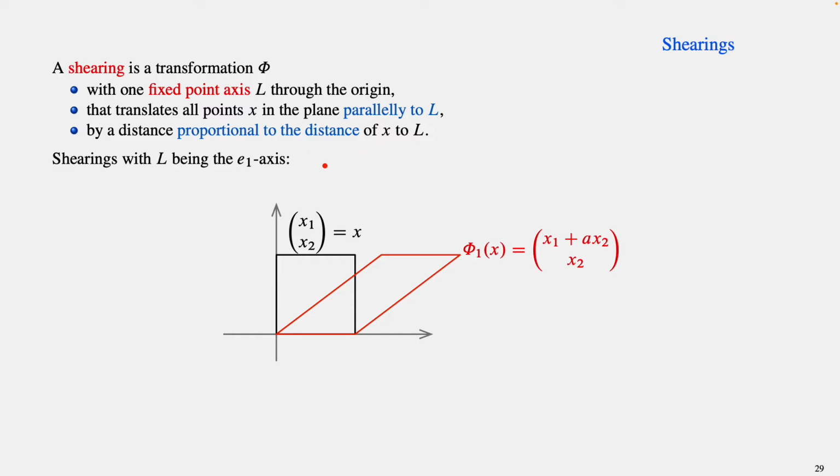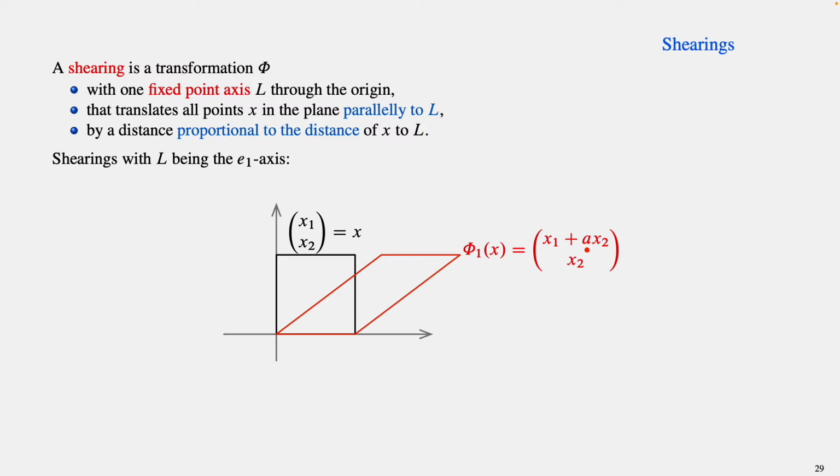Now let's look at an example. So if L is the E1 axis, so our first coordinate axis here, then a shearing does the following. So we look at the points on this square here. What happens to those? Each point can be described by coordinates x1, x2. And what the shearing does, if we shear parallel to the E1 axis, every point here gets translated to a certain distance in the direction of the E1 axis.